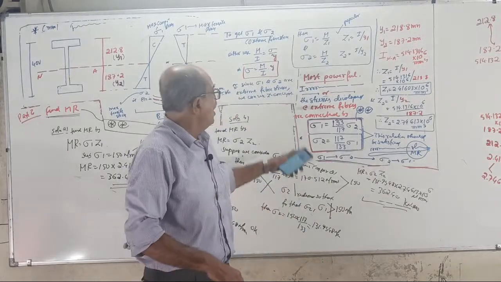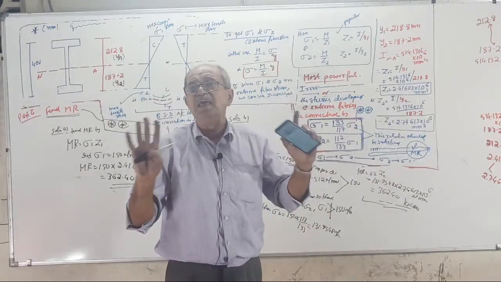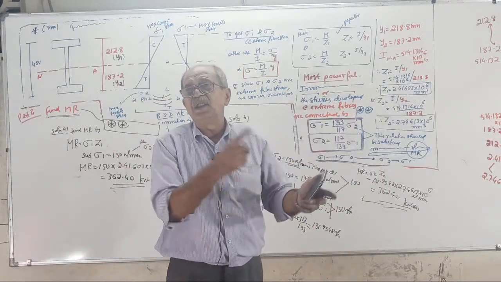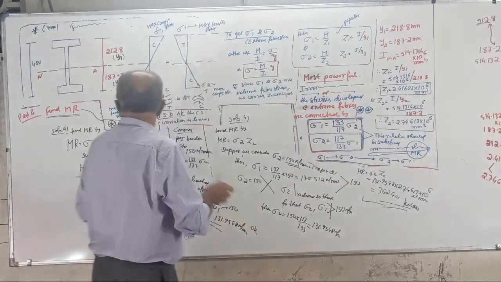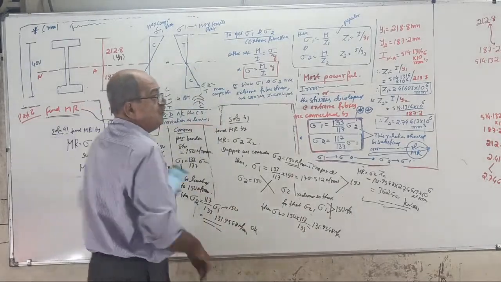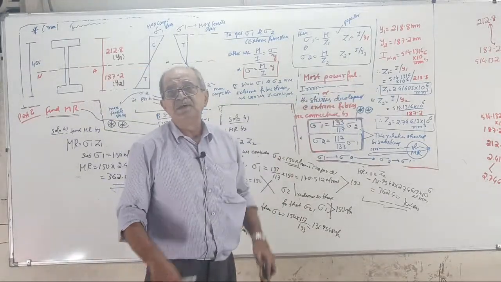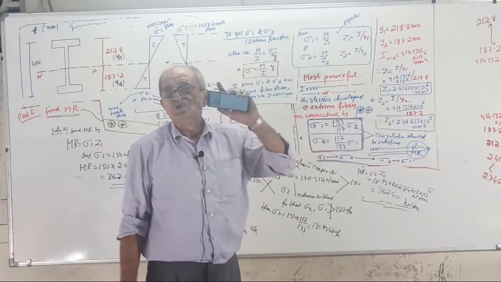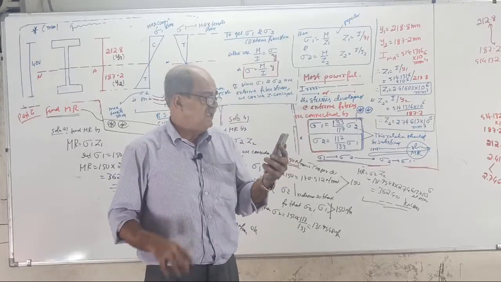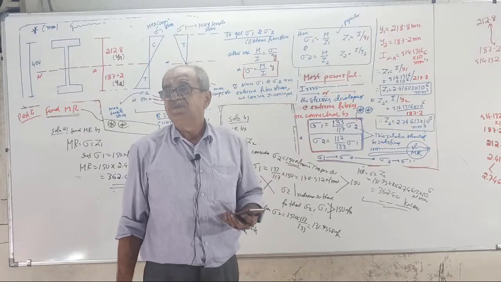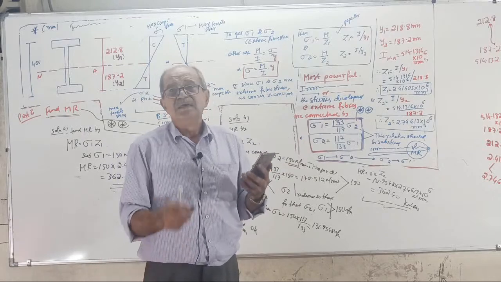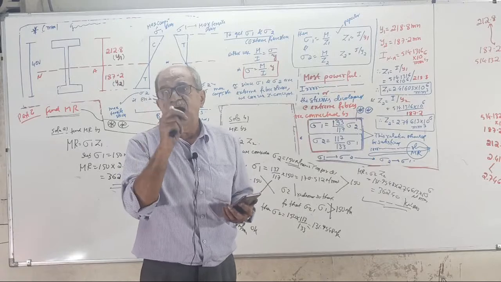Tomorrow, one or two questions, I will explain for you this way only. Going round and round, then onwards I will put the condition here. Tomorrow we will try to close this MR calculation for this critical question. This will help you for RCC also.